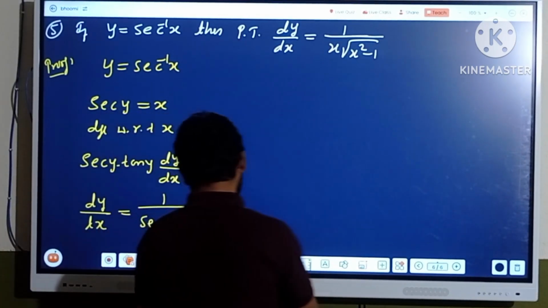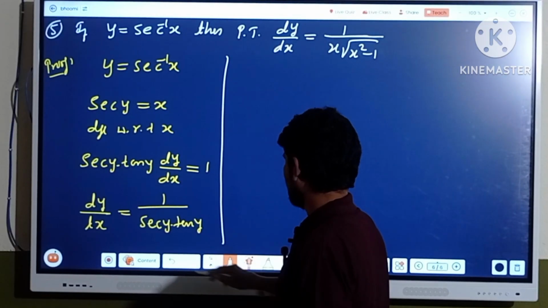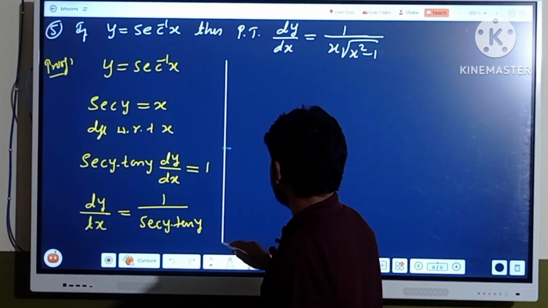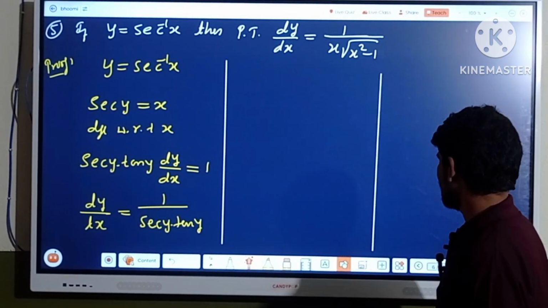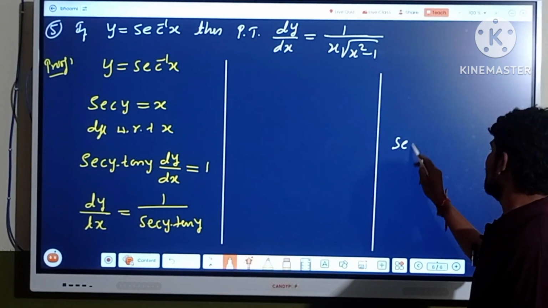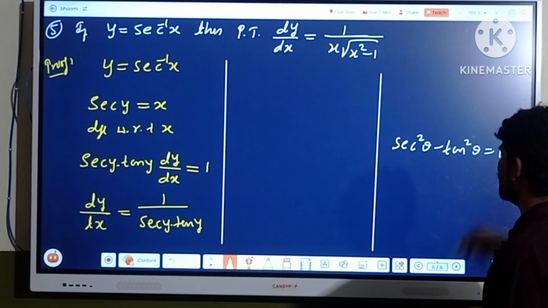So now again by using the basic identity of the trigonometric function, that is, secant square theta minus tan square theta is equal to 1.